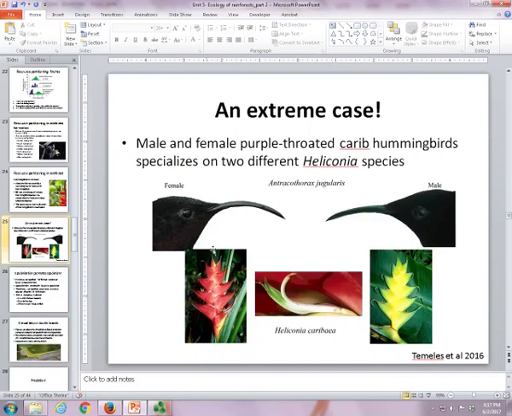The females have relatively longer and more curved beaks, and they are specializing on this red heliconia species. But males have a relatively shorter and somewhat straighter bill, and they are specializing on this yellow heliconia. This is one of the latest findings. Isn't it cool? Males and females are also trying to minimize the competition.